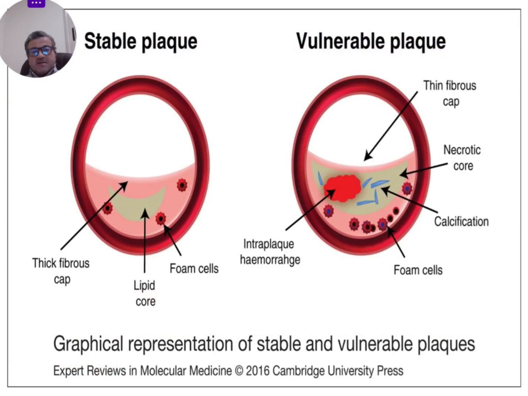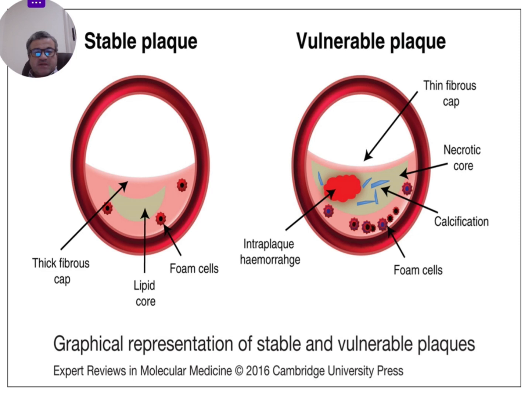Just to remind you of the difference between a stable plaque and a vulnerable plaque: both of these lesions are intermediate, about 60% obstructing the coronary. But the stable plaque, studied through histology or IVUS, is characterized by a thick fibrous cap, or thick cap fibroatheroma, a small lipid core, and a few foam cells.